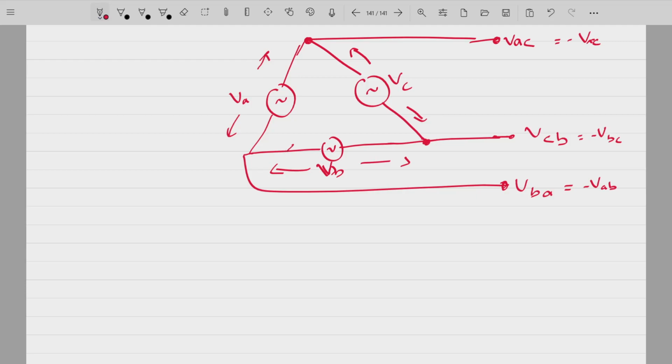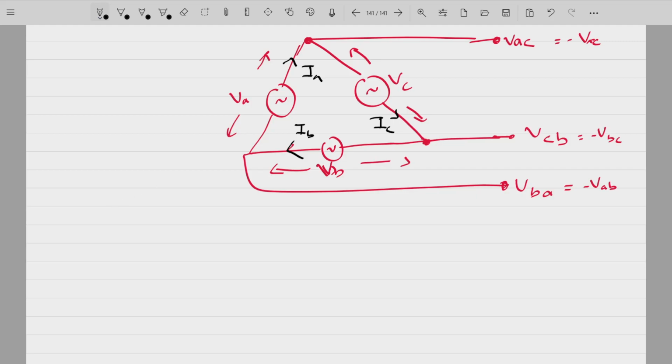Now there will be some amount of current flowing in this wire. Let that be IB. There's some amount of current flowing in this wire, let that be IA. There's some amount of current flowing in this wire, let that be IC. ठीक है, अब ये AC currents हैं, so they are actually changing direction. So you have three currents in three phases.